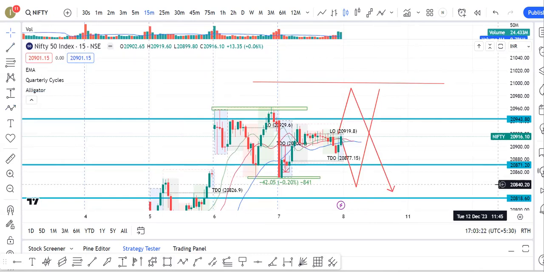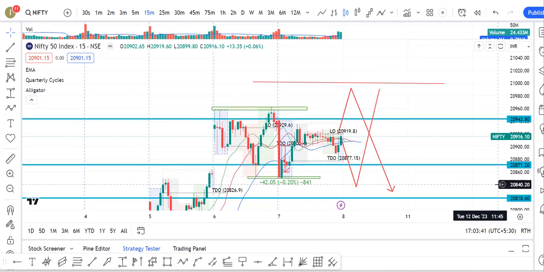The trading in the morning opening and how it trades tells us in which direction the market is going to trap the liquidity. If it traps the liquidity on the higher side, its intention is to go down.